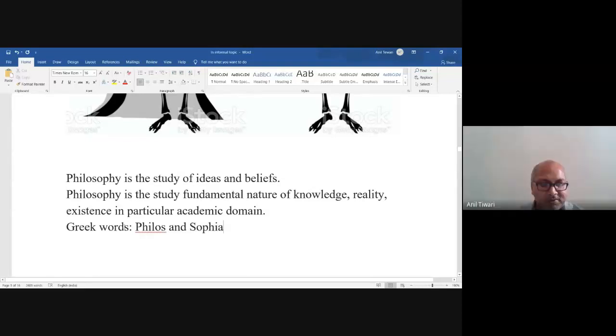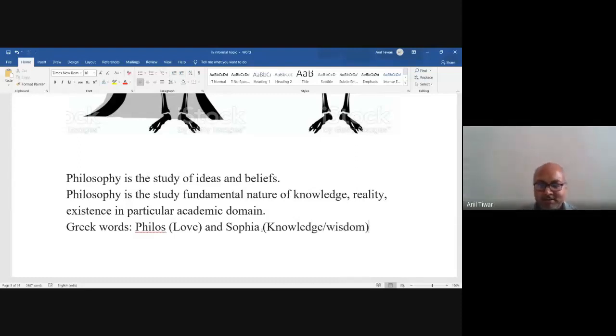So basically, it is wisdom. This is etymology, philos and sophia, generating the word philosophia. Philos means love, and sophia means knowledge or wisdom. So that is a kind of etymological understanding.